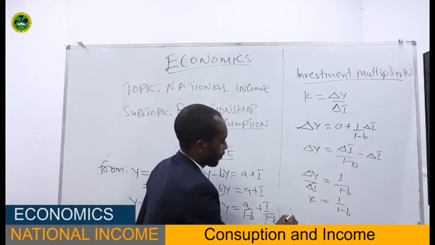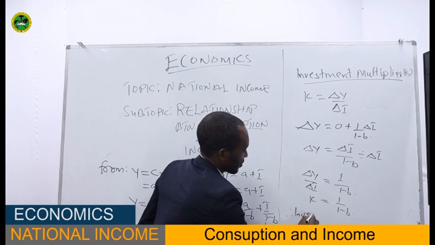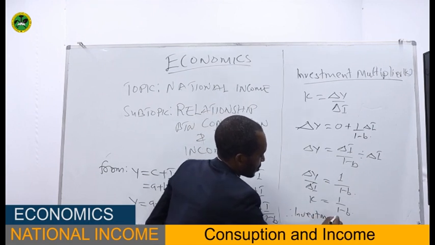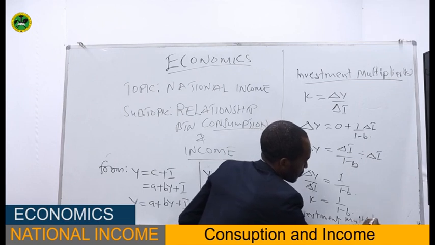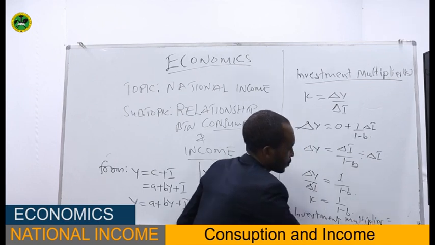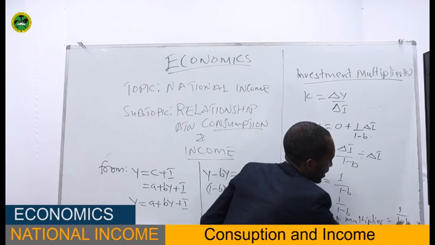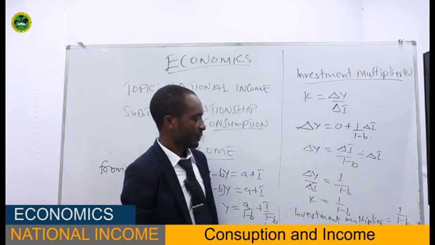Therefore, investment multiplier will be equal to 1 over 1 minus B.